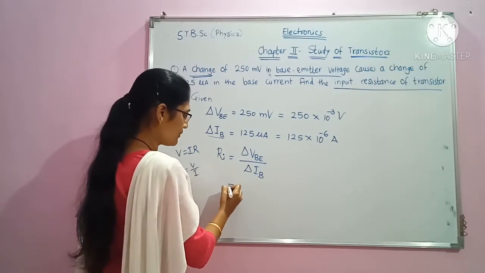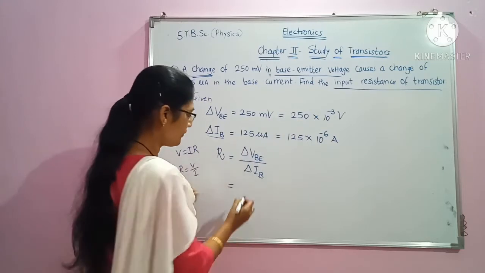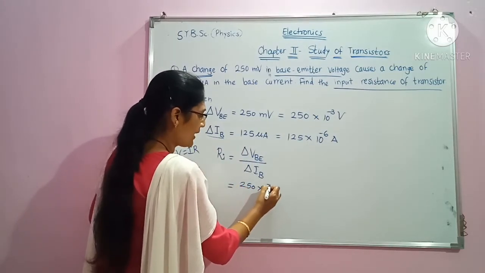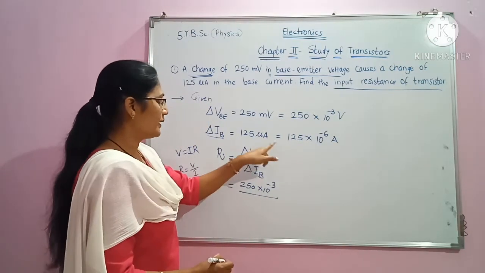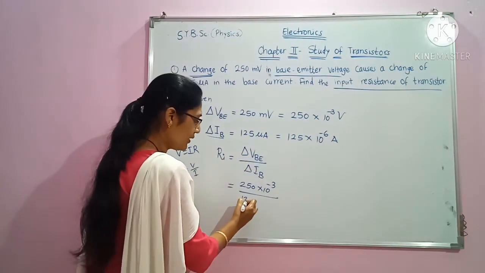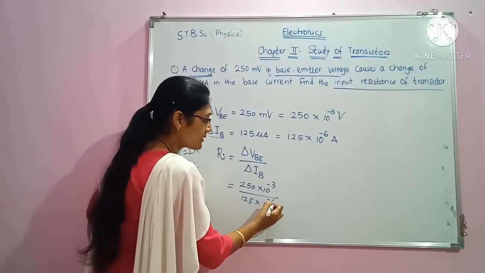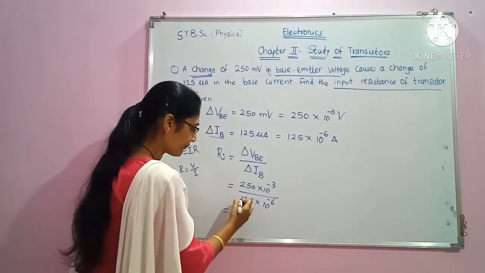Substitute these values. Delta VBE is 250 into 10 raised to minus 3, divided by delta IB, and delta IB is 125 into 10 raised to minus 6. So try to solve this.